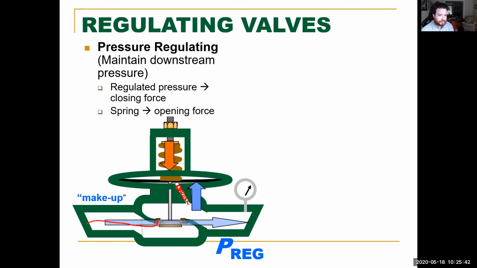All right. So this would not be if we wanted to regulate a higher pressure than 50 PSI, let's say. This would be regulating a certain pressure that this spring is going to be tensioned to.